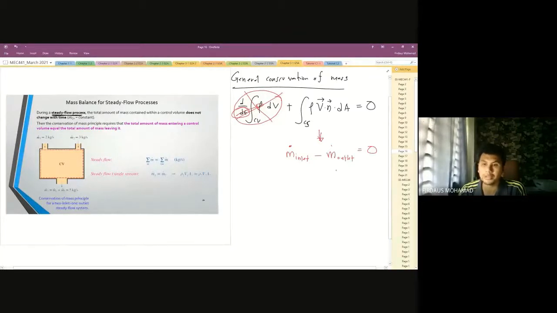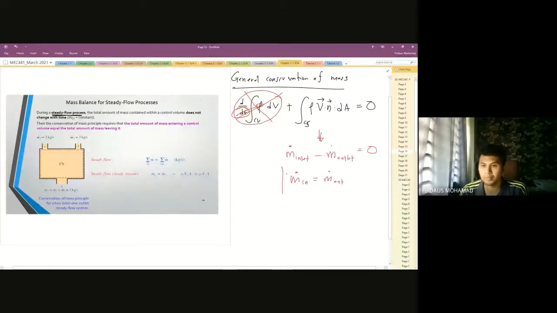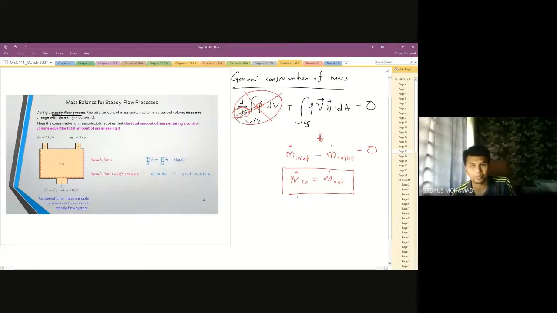So for steady flow process or steady flow device, the mass flow rate entering will always equal the mass flow rate leaving the control volume. Agree? Agree. Okay, so based on general conservation of mass.